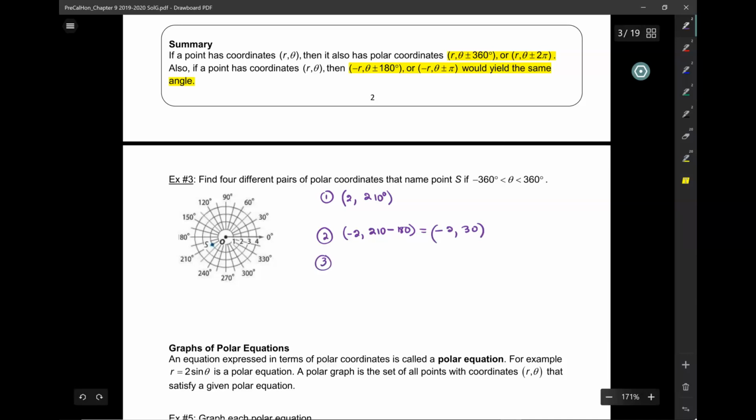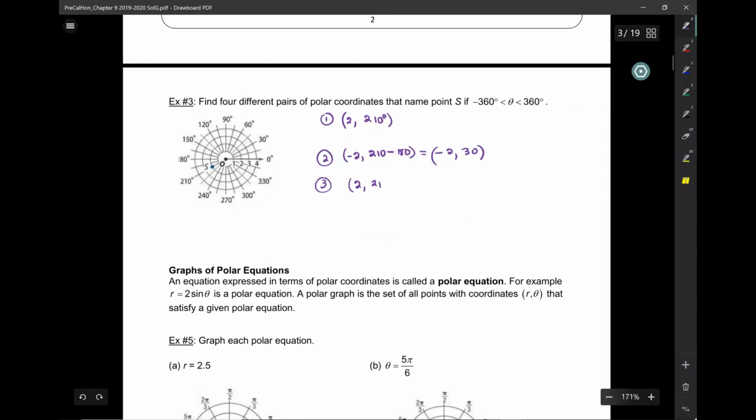Next, I can keep it as r. Remember, we could do plus or minus 180 or plus or minus 360. But I can subtract 360. And then I get 2, negative 150.